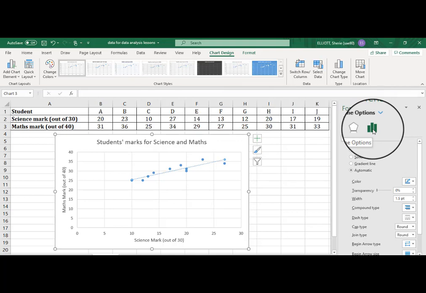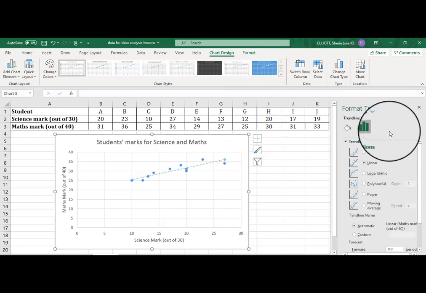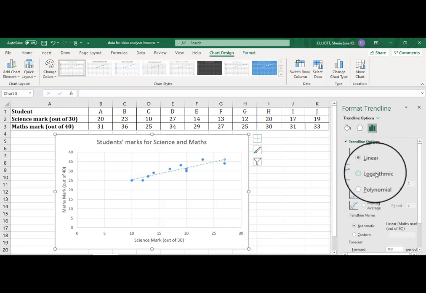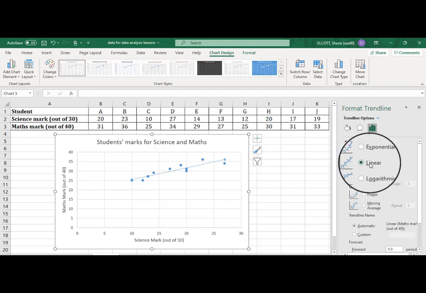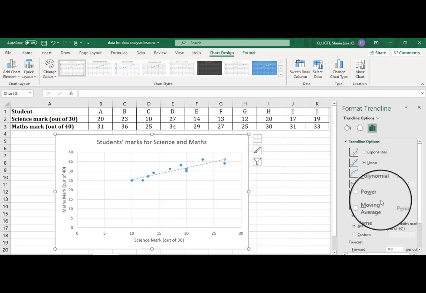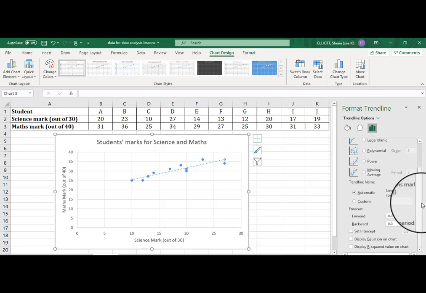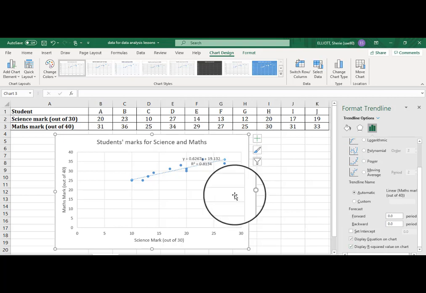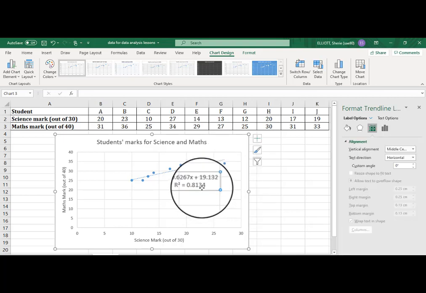So if I click on the graph toolbar, it says linear. If I chose exponential, for example, it'll change that graph, but I want linear. These other options are what you might need for maths methods next year. I'm going to display my equation on my chart, and I'm also going to display my r squared value. I'm going to move those so you can see them better.